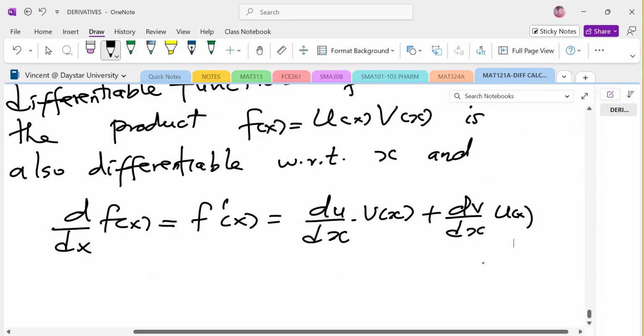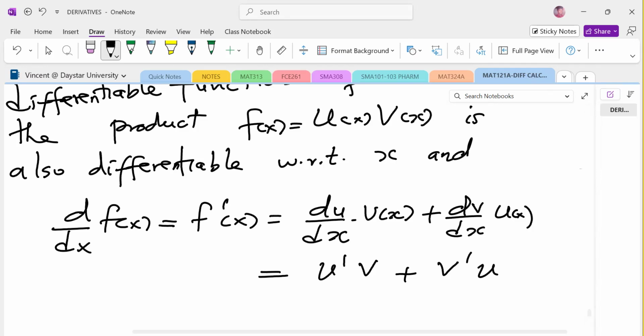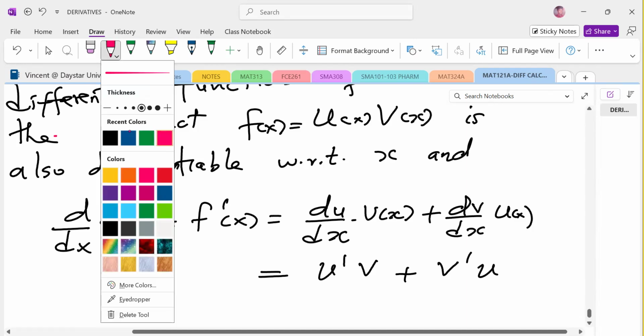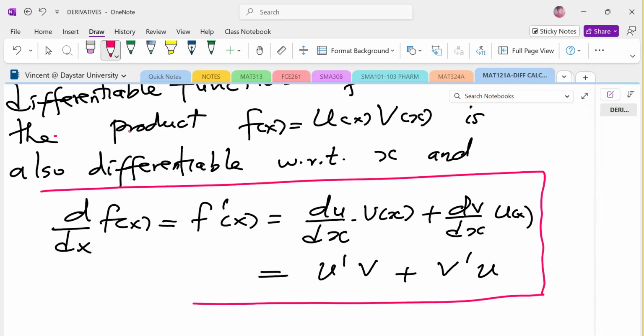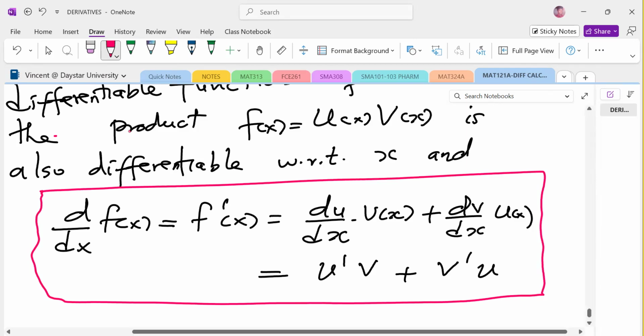So this is usually what we say, we write this one as u prime v plus v prime u. So here we go, the derivative of the product uv is u prime v plus v prime u.